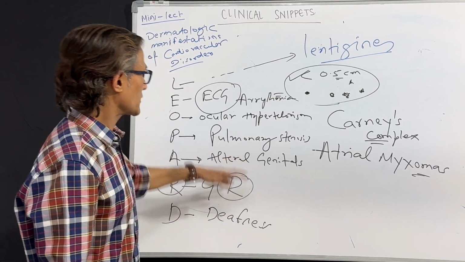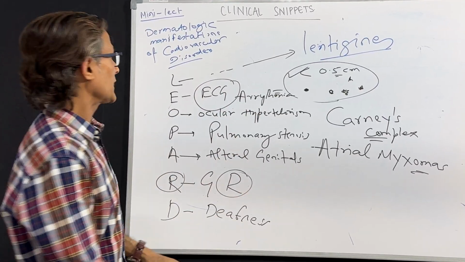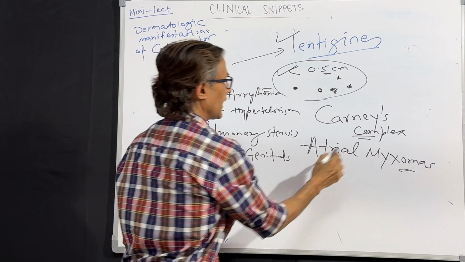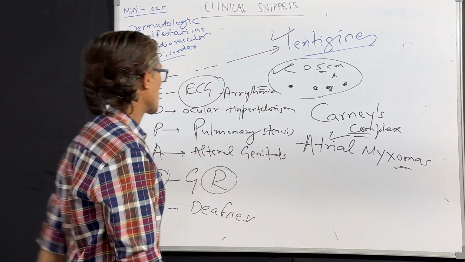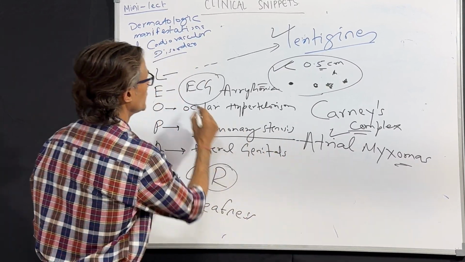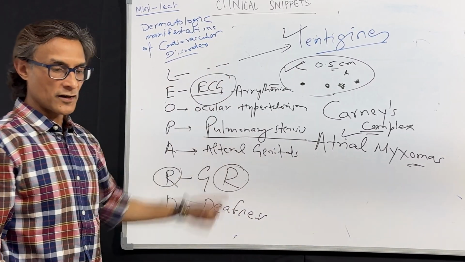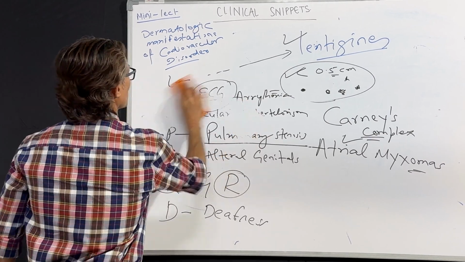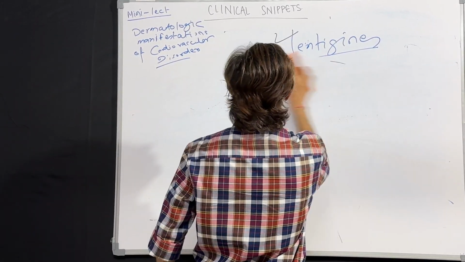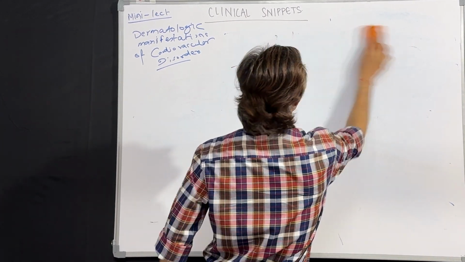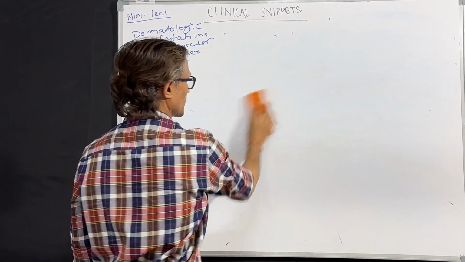So we are not going to discuss in detail; the purpose of this class is that lentiginosis can be associated with arterial myxomas, Carney's complex, lentiginosis, pulmonary stenosis, ECG rhythm abnormalities, Leopard syndrome. So this is the dermatological manifestation of atrial myxomas and different syndromes in lentiginous, if you find lentiginous.